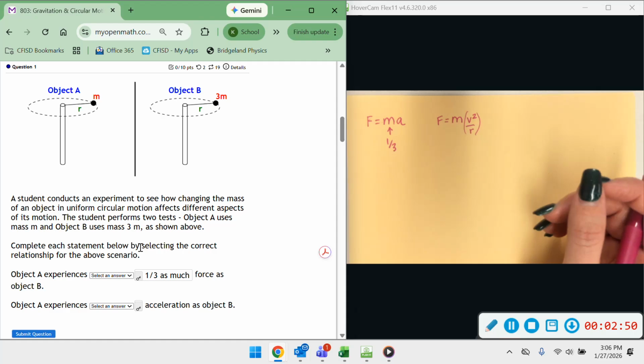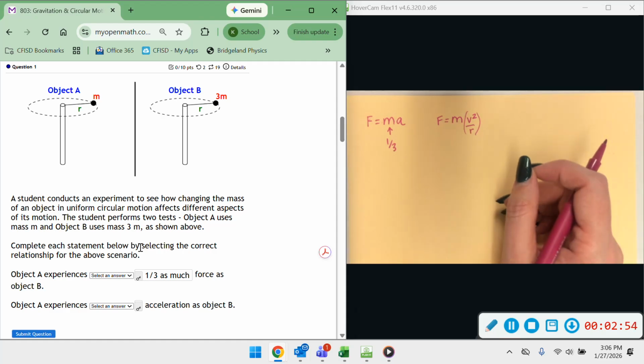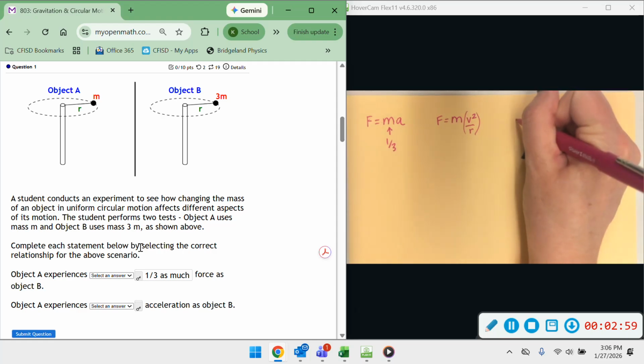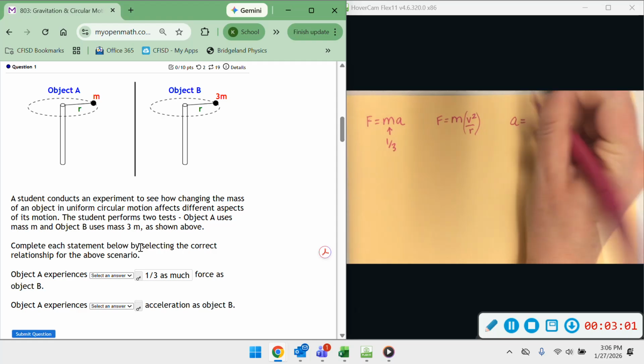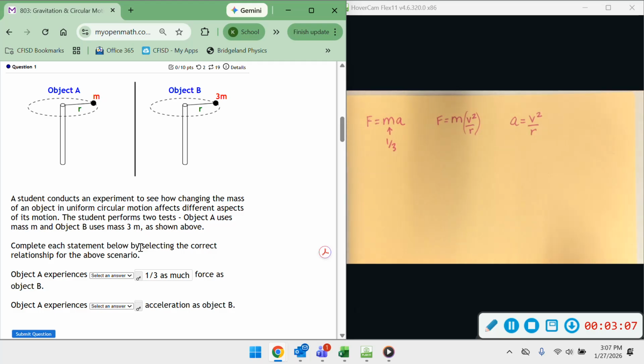The second question, though, is about how changing the mass affects the acceleration. And if all else is equal, this is the acceleration equation. Again, I just plugged it in here, but acceleration is v squared over r. And you'll notice that the factors that affect acceleration don't include mass.